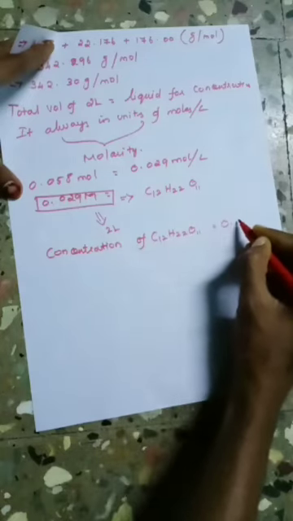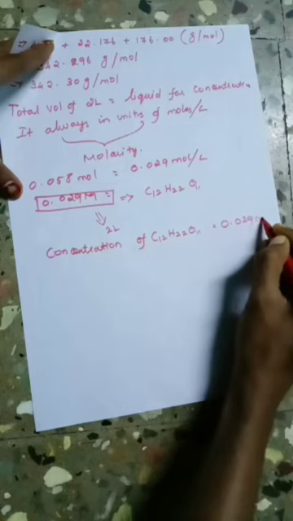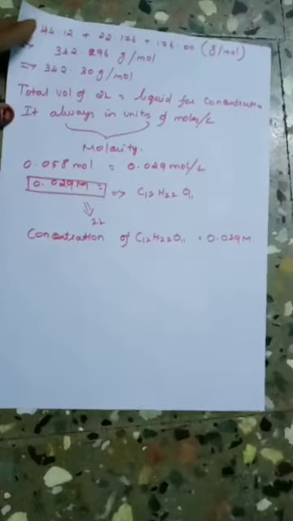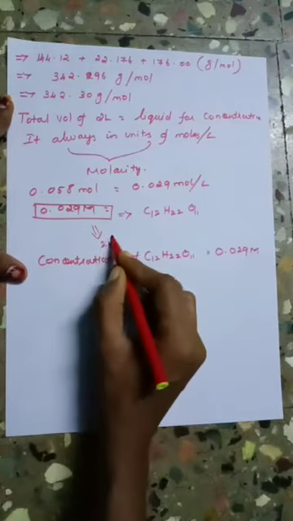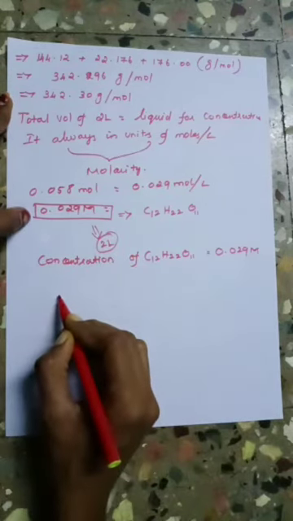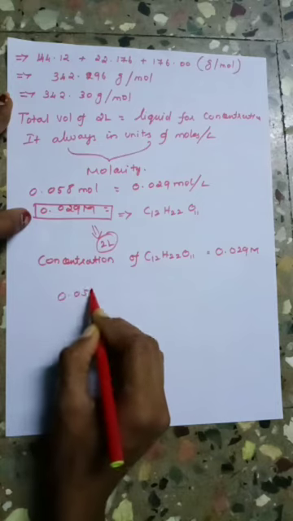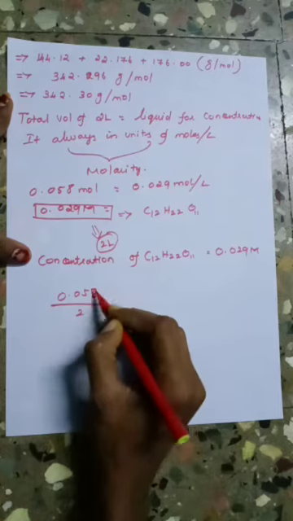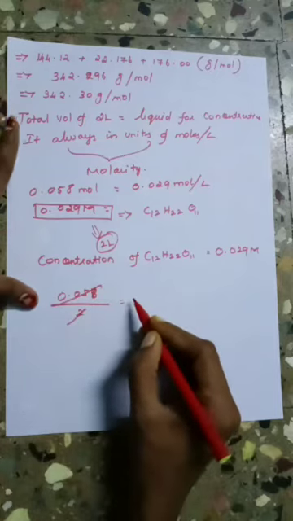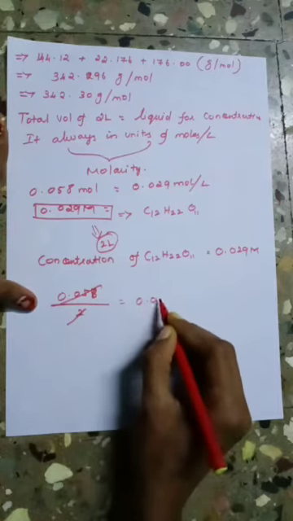The answer is 0.029 mole per liter. Okay student, how does this come as 0.029? Because they have asked for 2 liter only, that is why 0.058 divided by 2. So when we divide, we get the answer 0.029.